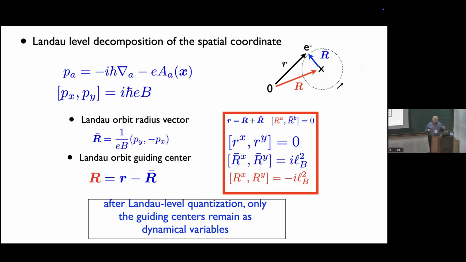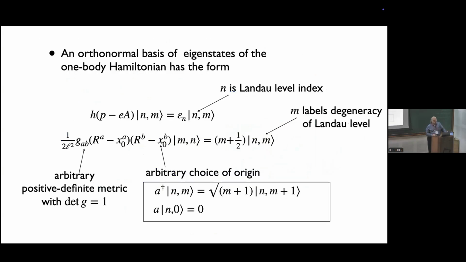So there's an ambiguity: you have to define exactly how we partition the electron coordinate into the guiding center and the Landau radius. And the key thing is that while the electron coordinates commute with each other, the Landau radius vectors and the guiding centers have equal and opposite commutators, and they commute with each other. Once you quantize the Landau levels, only the non-commuting guiding centers remain as dynamical variables.